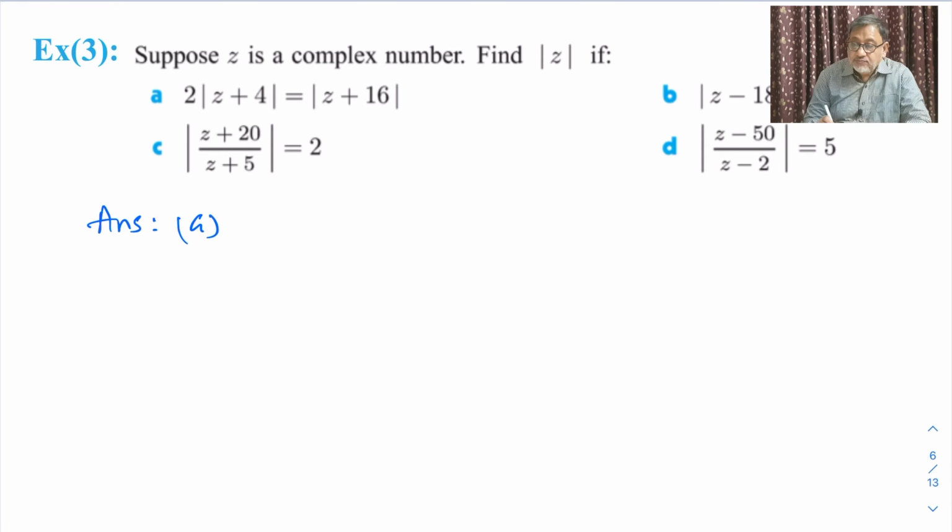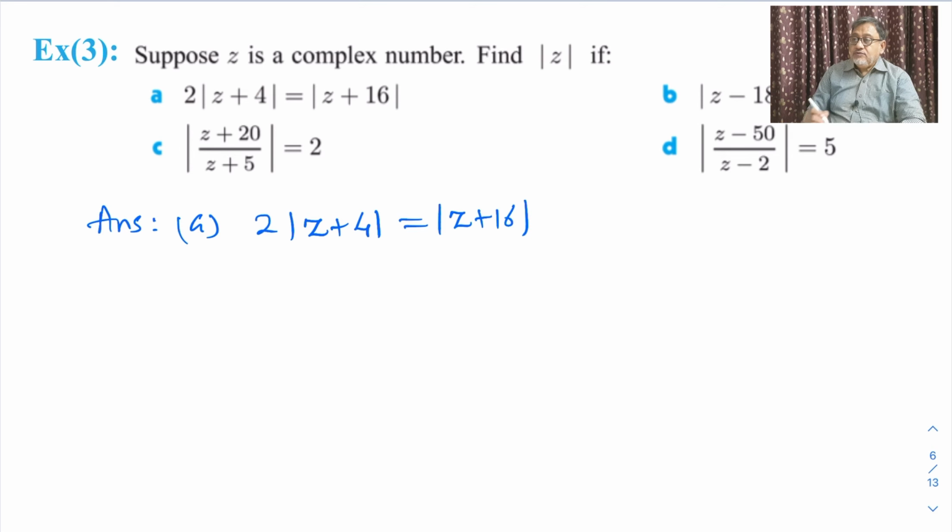A part. So in the A part we have 2 into modulus of z plus 4 is equal to modulus of z plus 16. Now what I will do, I will square both sides. On squaring both sides, always remember, whenever you have modulus on both sides, the correct way of removing the modulus is to square both the sides.